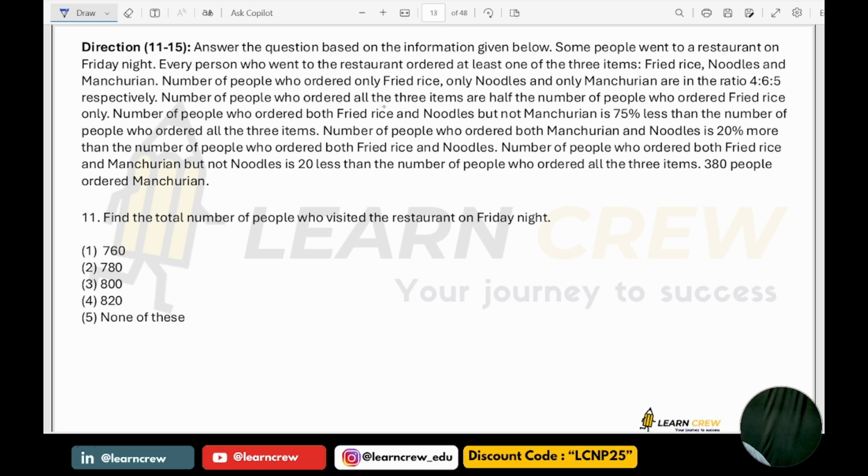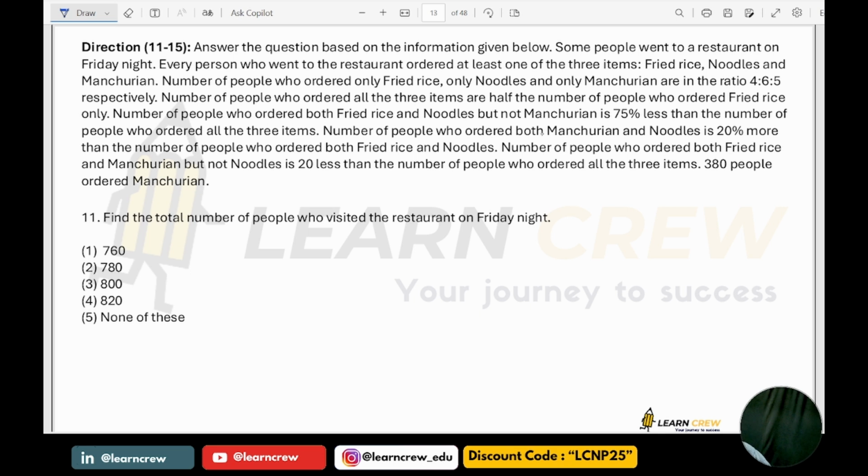Number of people who ordered all the 3 items are half of the number of people who ordered fried rice only. Number of people who ordered both fried rice and noodles but not Manchurian is 75% less than the number of people who ordered all 3 items.